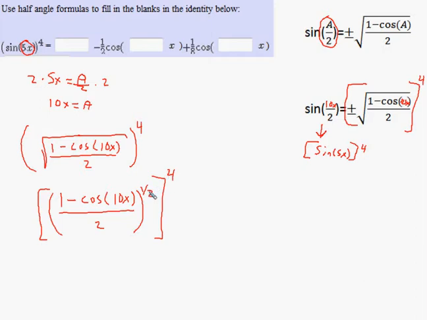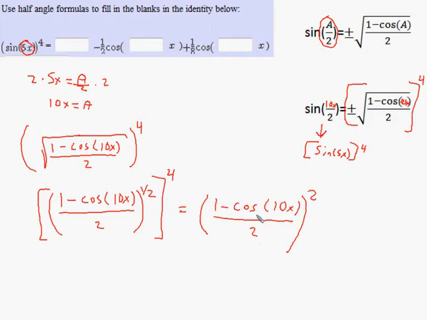So 4 times 1/2 is 2. So this comes out to be 1 minus cosine of 10x over 2, and again, 4 times 1/2 is 2, so it is being squared.